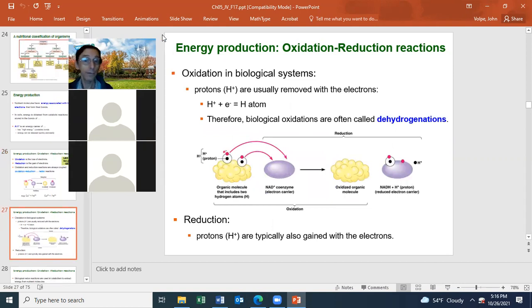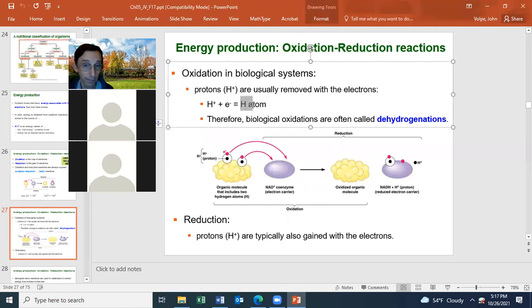In biological systems, oxidation reduction reactions, of course, occur, but usually the proton, H+, is removed and follows the electrons. Remember, an H+ proton plus the electron makes the hydrogen atom. That's all the hydrogen atom is, one proton and one electron.